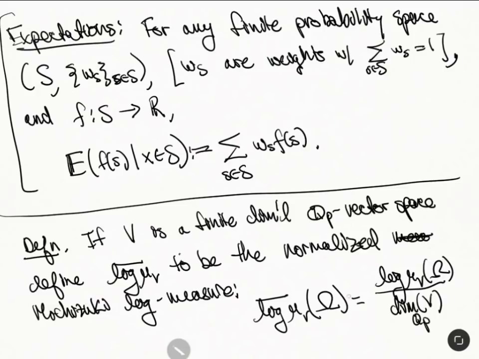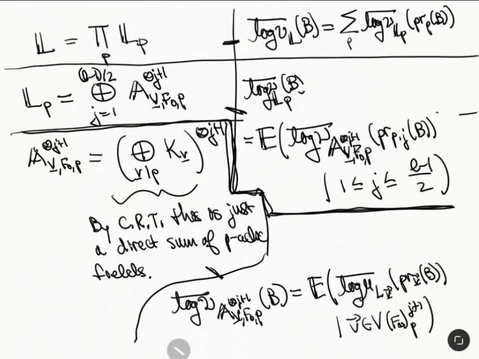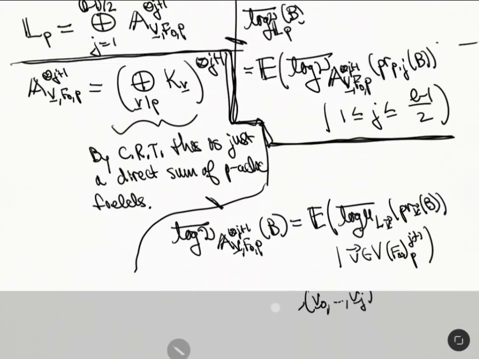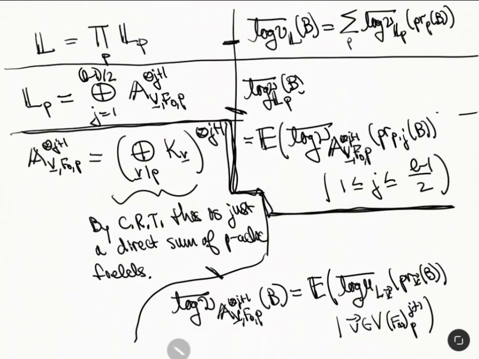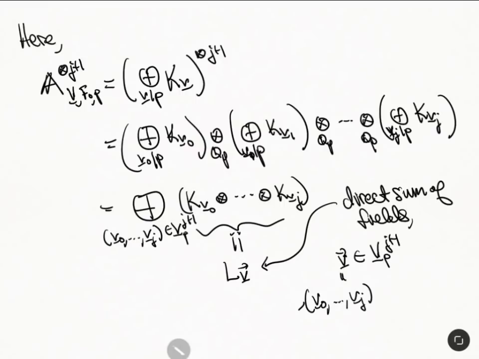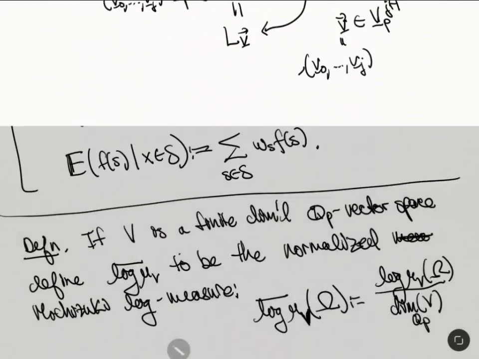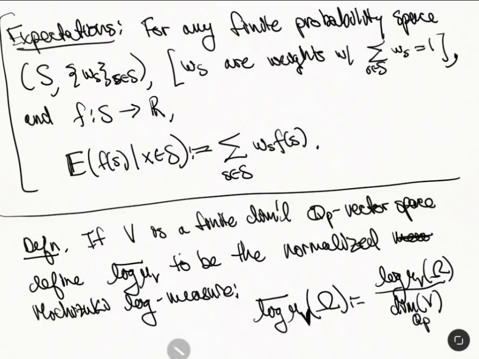This is what this thing means, for a big vector space V. The dimension is the product of the dimensions, or the sum of the dimensions. It depends if we're using the direct sum or the direct product decomposition, but anyway, it's a Qp vector space, and this is how you compute it.